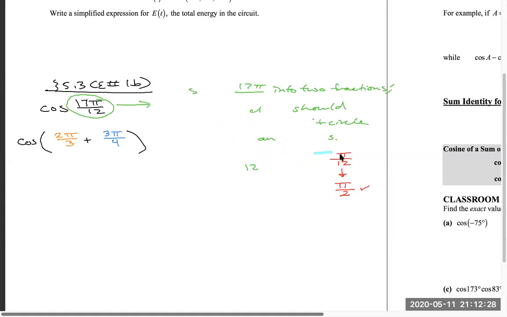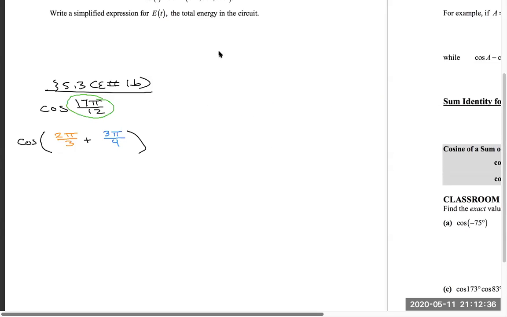And it takes a while. Okay, so this is where our song comes in. We have the cosine sum identity.